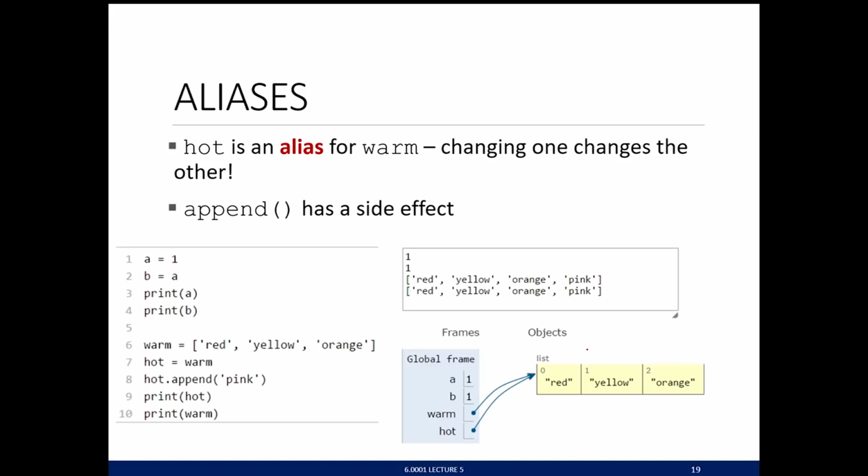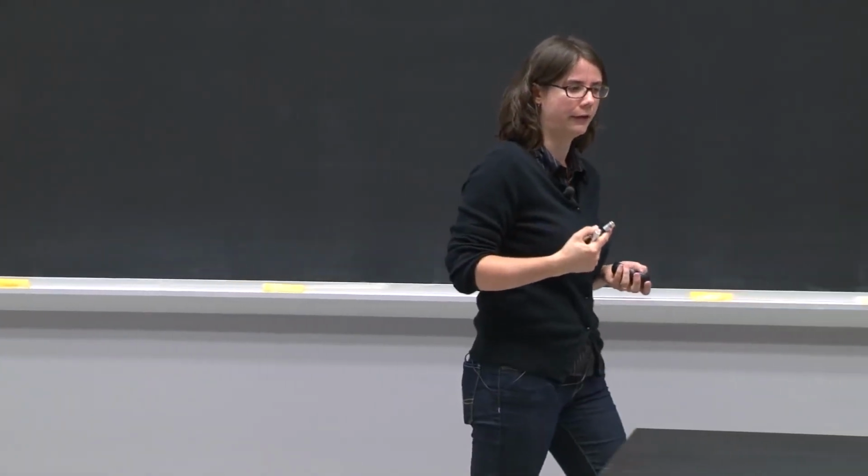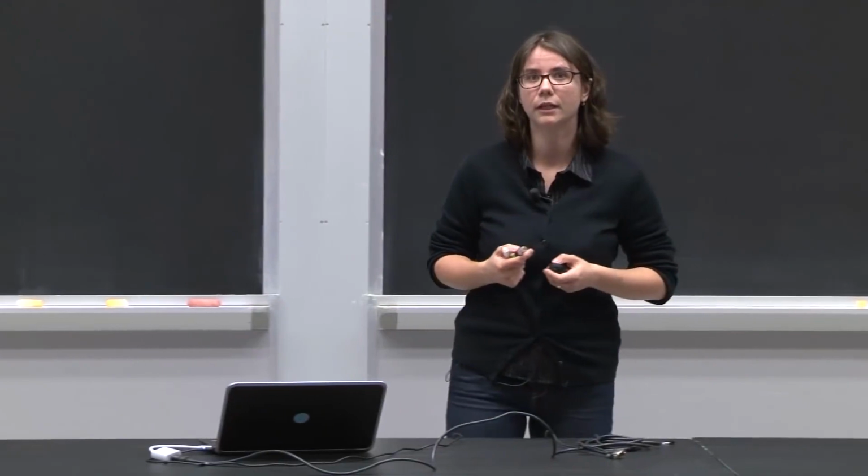So on line 8, when I append this string pink to my object, since both of these two variables point to the exact same object, if I access this object through either variable, they're both going to print out the same thing. And that's the side effect of lists being mutable.